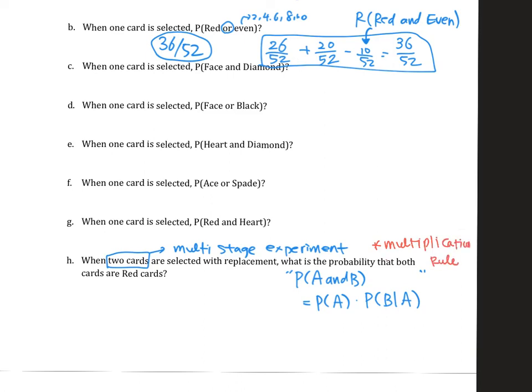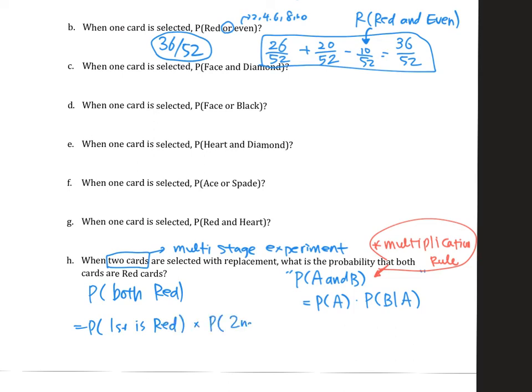Again, it says both, which means the first one has to be a certain way and the second one has to be a certain way. So I can rewrite the probability of both red as the probability that the first one is red, that's my A, times the probability that the second one is red, that's my B, given the first one is red.